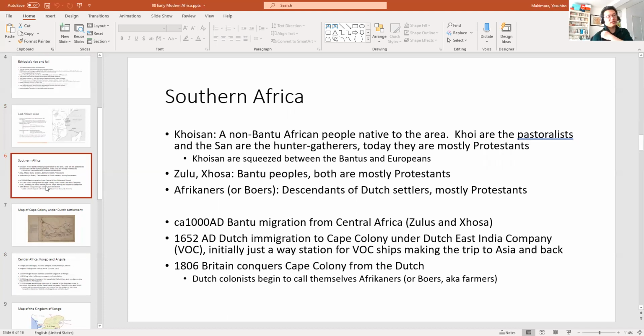Cape Colony was actually a good location, but the reason why the Portuguese didn't choose Cape Colony is because Cape Colony is too far. So if you're going from Portugal, then my guess is that, in terms of distance, coastal Central Africa was probably the best place to stop and regain your health before moving on.